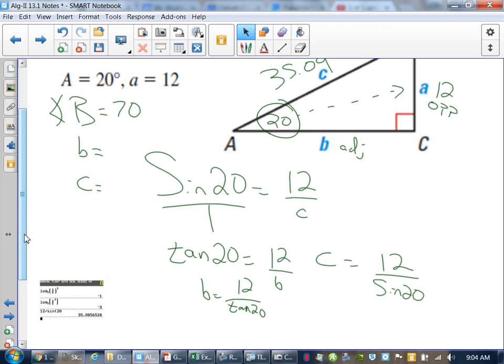Write down what you're going to put in the calculator before you put it in the calculator. There are so many times that students accidentally type in 11 tangent of 20, or they type in 12 divided by tangent of 10, or they hit 12 divided by sine of 20 just by pressing the wrong trig button. But they wrote down the right answer. They just had a bad thumb moment.